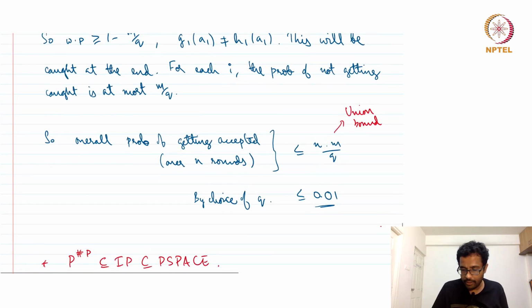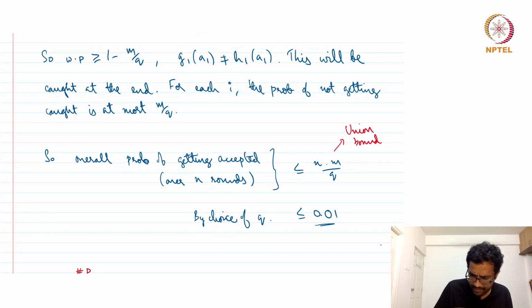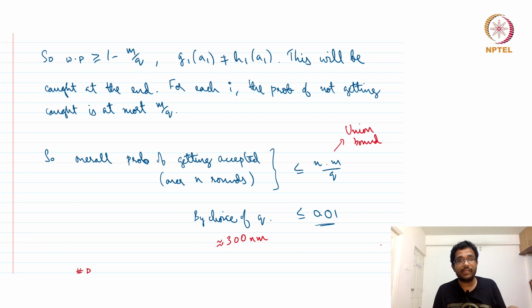And if you remember, we chose q to be something like 300 nm, I think. I think 100 nm would have sufficed, but basically this fraction becomes something like 0.01, some very, very small quantity. So this is an upper bound on the probability that the prover gets lucky in any round.